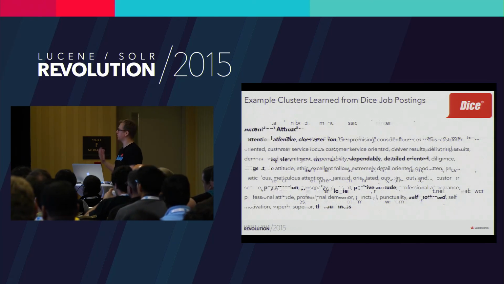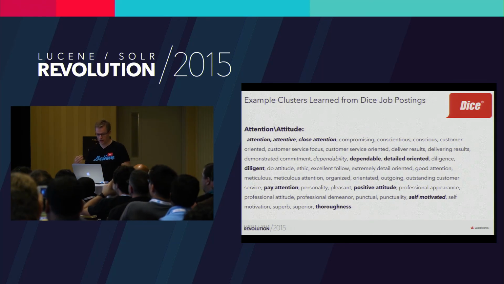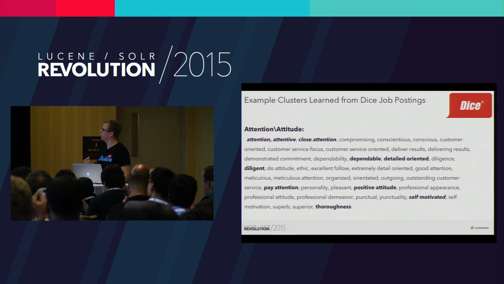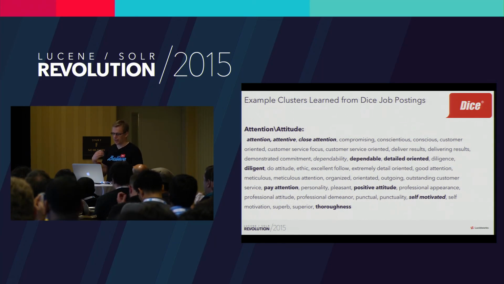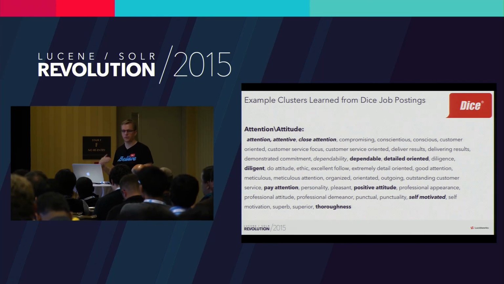But beyond pure tech skills, it also did some interesting things. Another thing I found was it was able to cluster the terms that employers use when they're describing the ideal candidate for a role. These terms relate to attention, attitude and focus. It produced a larger cluster of these attribute-type terms describing someone's attitude, which I thought was really interesting.